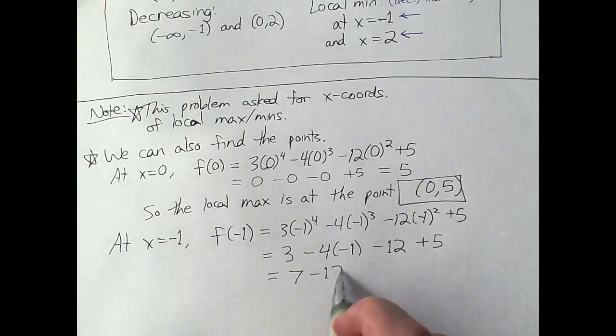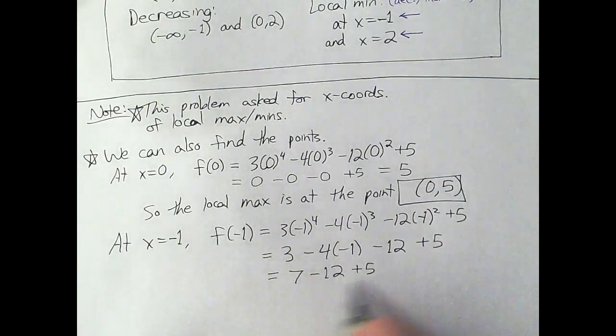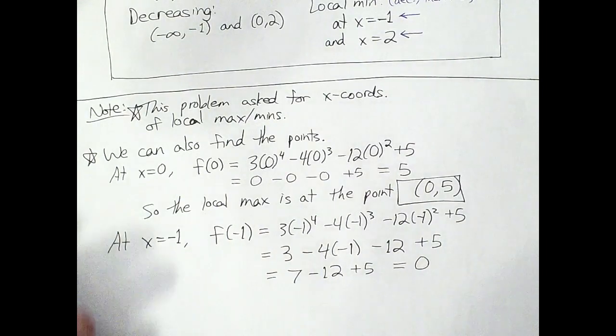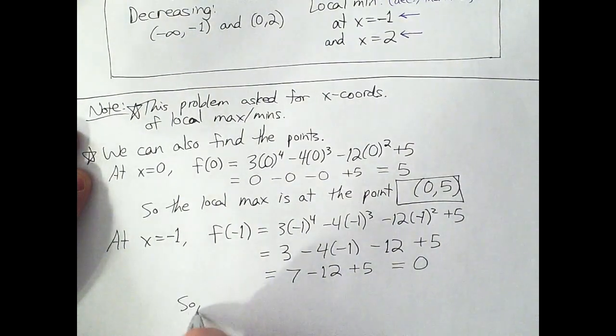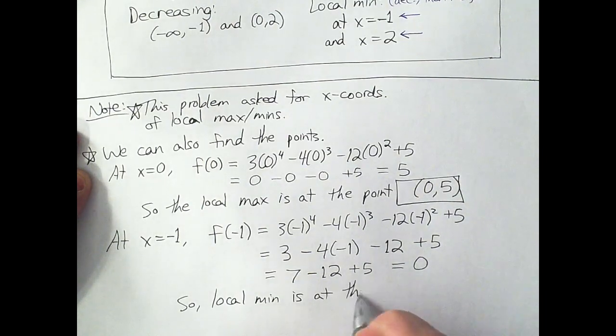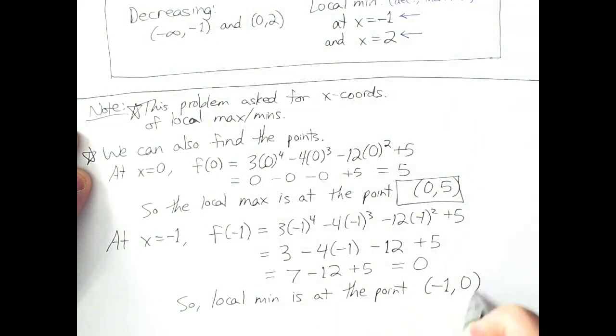Minus 12 plus 5. Hey, look at that. This winds up being 0. So a local min is at the point -1 comma 0.